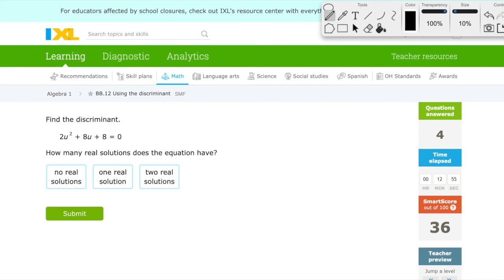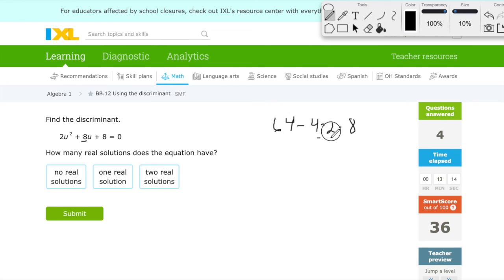Okay, so I would need to work through this one. So I would say b squared is 8 squared, 64, minus 4 times a, which is 2, times c, which is 8.